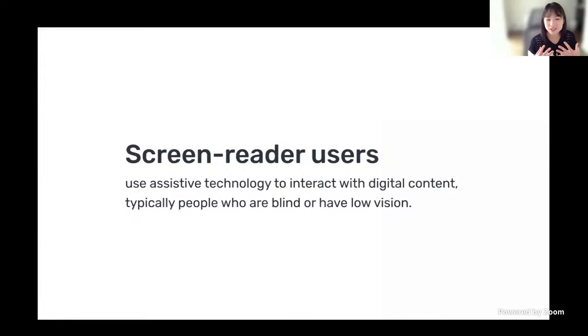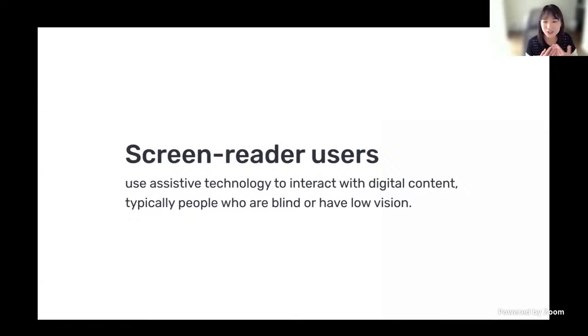Now I would ask the audience to pause for a moment and imagine yourselves as screen reader users. So here we define screen reader user as someone who relies on assistive technology to interact with digital content, typically people who are blind or have low vision.